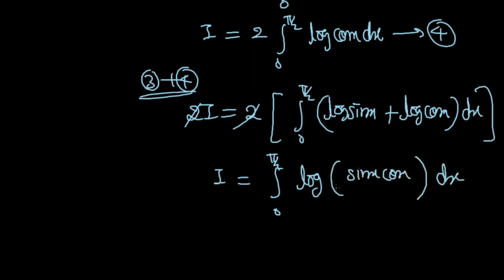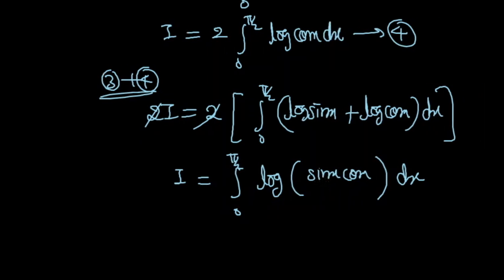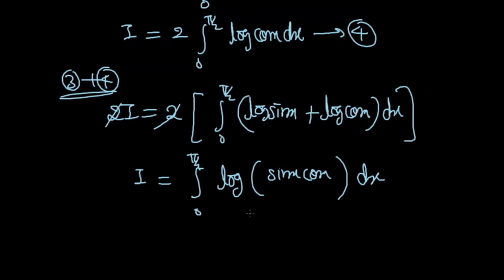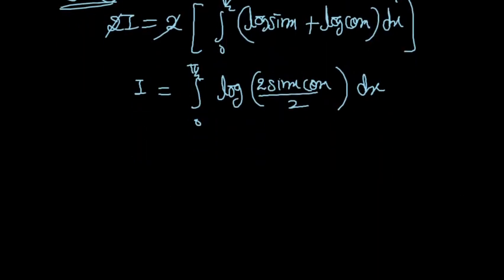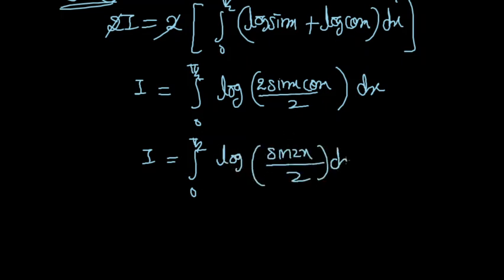From here, whenever we have sin x cos x, try to make 2 sin x cos x, so we can write sin 2x. So let us multiply and divide by 2. The numerator is in sin 2x form. I is equal to integral 0 to pi by 2 of log of sin 2x divided by 2 dx.